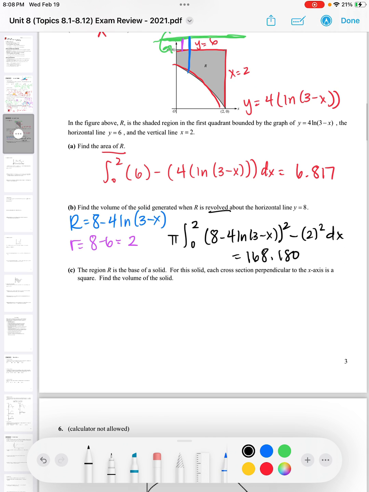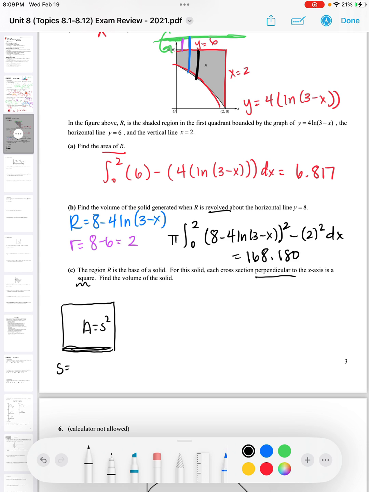All right, last one. In this case, each piece is going to be a cross section perpendicular to the x-axis, and the shape is going to be a square. As we look at that square shape, we always know that the area is going to be my side squared. So my side is going to be the distance between the upper function and the lower function.